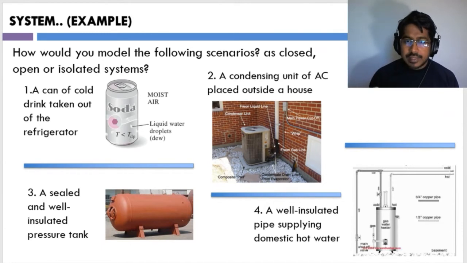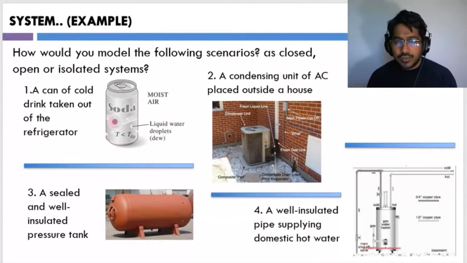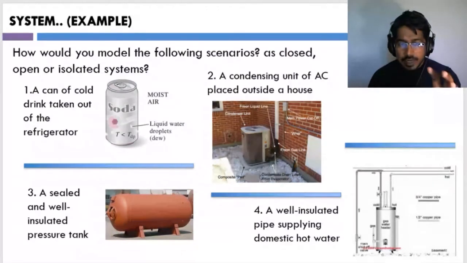So again, the mass can transfer, and obviously if the heat cannot transfer in a condenser, we cannot call it a condenser, right? We use condensers to cool refrigerants or some substance. So that way you can see it can be modeled as an open system.